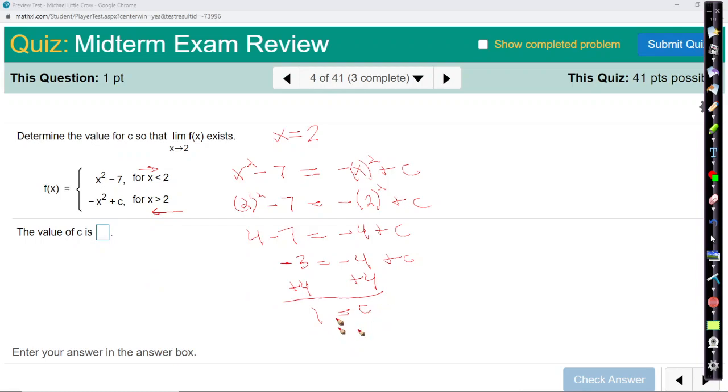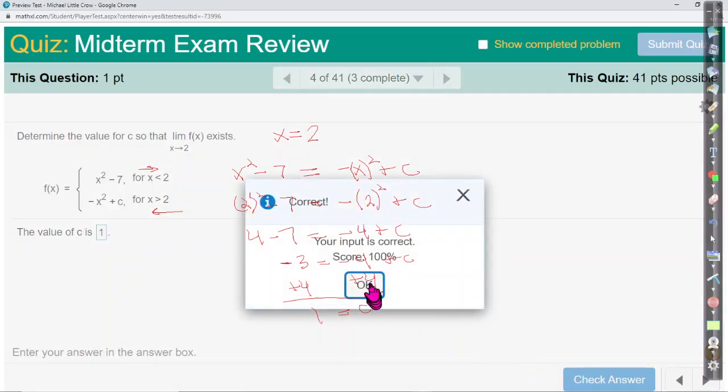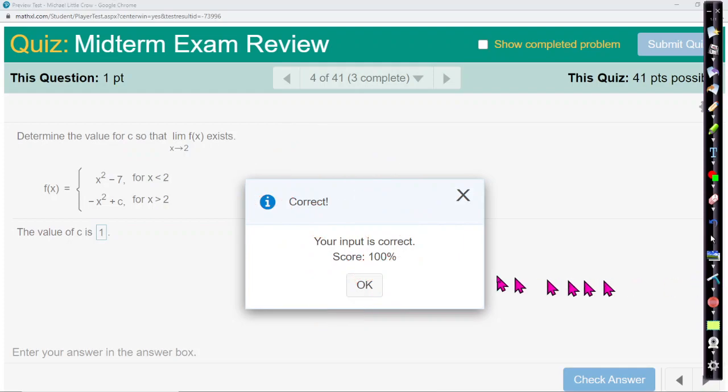And the way we've done this, if we put a 1 here, we'll see we get negative 3 equals negative 3. Okay. Try it out. But what we need is c equals 1.